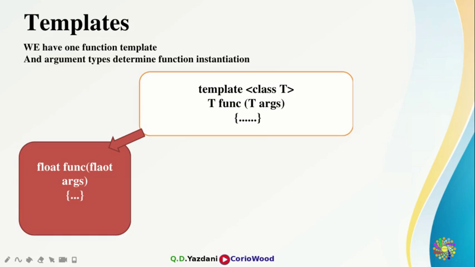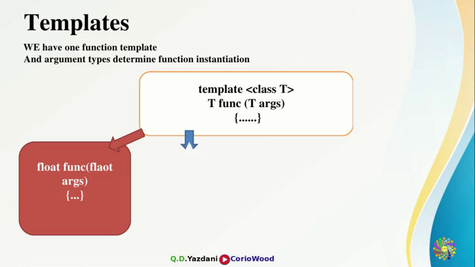Now we are learning templates, and how we migrate, because we know how to write functions. We have a float function, the data type is float, we call it func, and we have an argument of float args. Whatever arguments you put, x, y, z, it doesn't matter, but that's a float function. And through this one, you can generate the code for this.